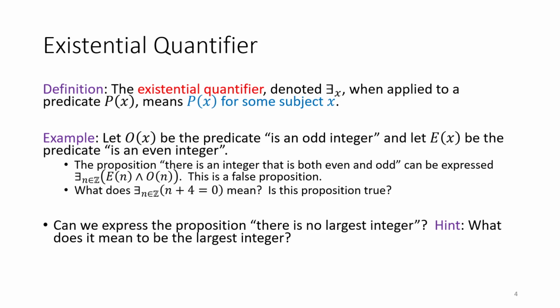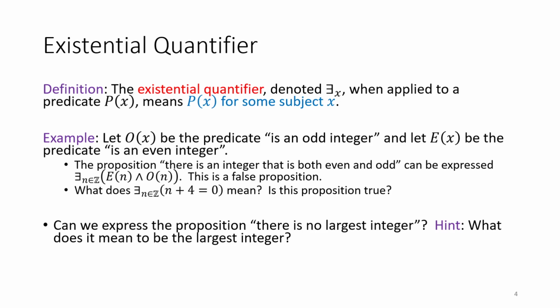If you're the largest integer, then you must be greater than all. So I'm trying to pull out the pieces. So one of the pieces is greater than all. The all there is hopefully making us think there's a universal quantifier showing up here.